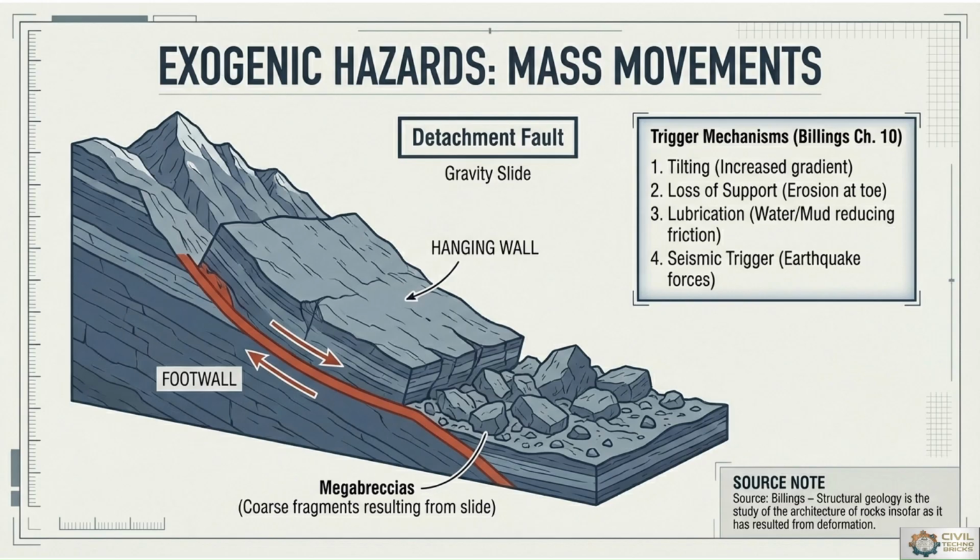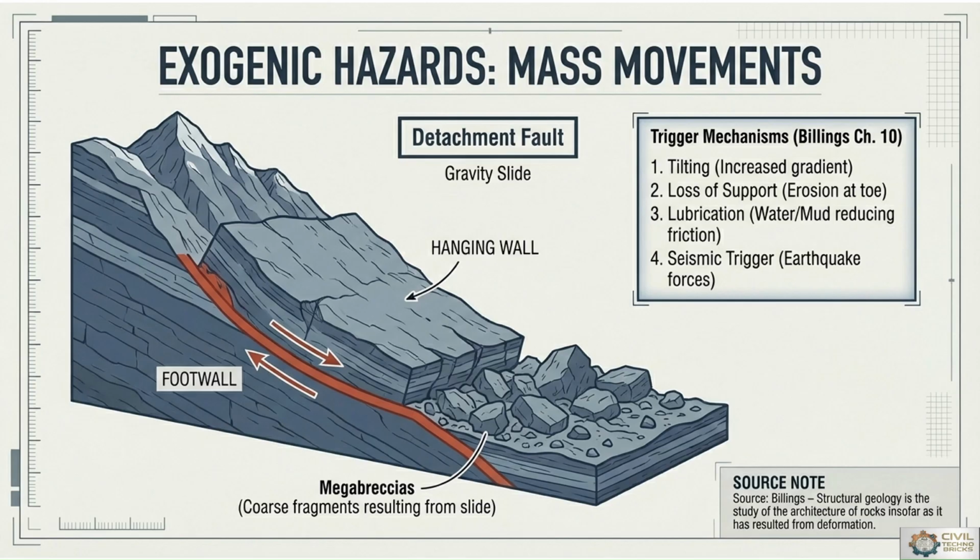The role of water and mud also explains the reduced friction and increased landslide risk. Earthquakes are mentioned as seismic triggers that can suddenly initiate slope failure. The rock fragments produced during slope movement may form megabreccias and cause engineering damage.